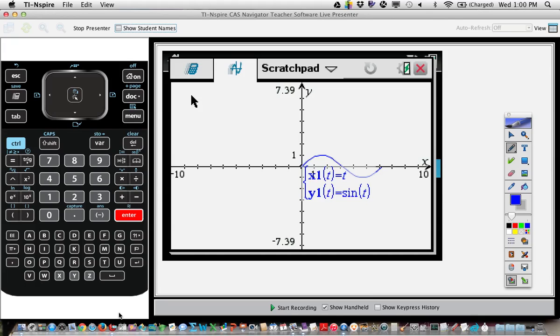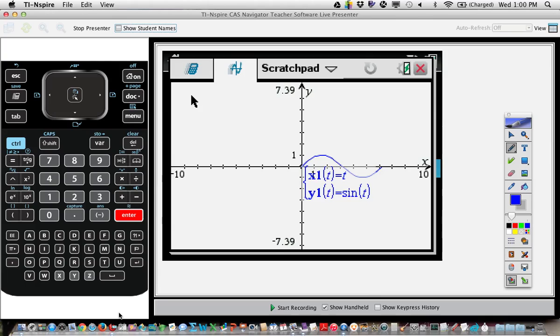So I could replace this t with an x, and I'd get y equals sine x, because this is the x-axis, this is the y-axis. It's a cool quick way in parametric mode to do a normal regular graph: you just let x equal t, and let y equal whatever graph you want, except put a t in instead of an x.